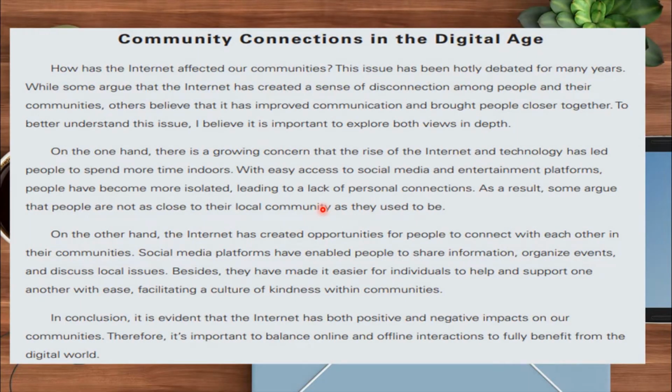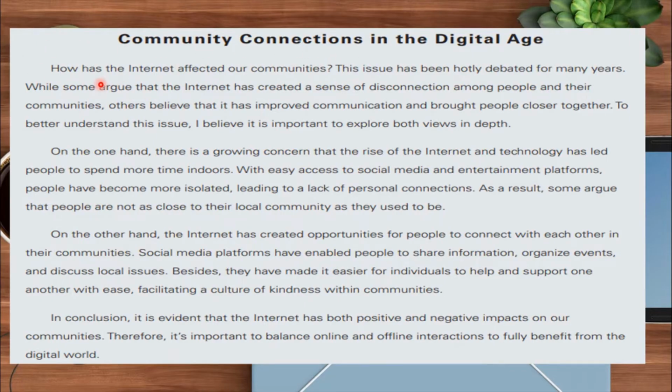Community Connections in the Digital Age. Here, the essay discusses the impact of technology or digital age on our community connections. The essay starts here by a rhetorical question like that.